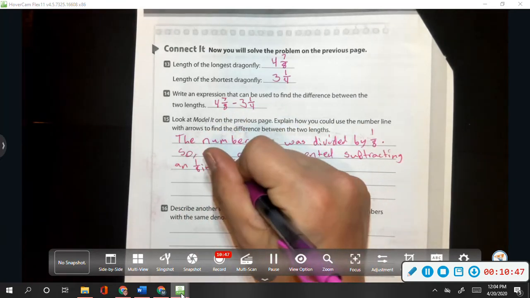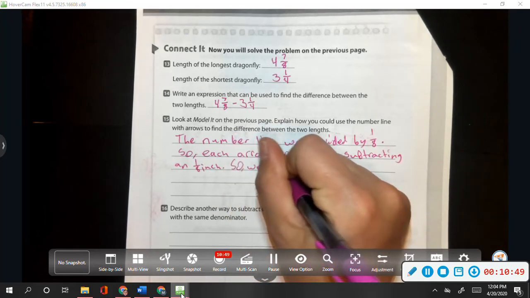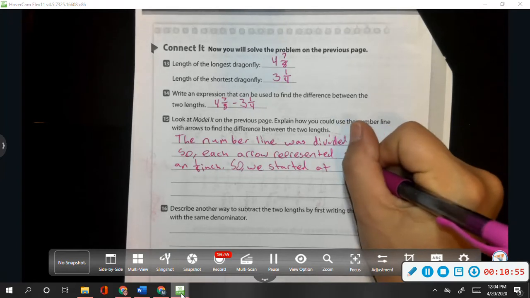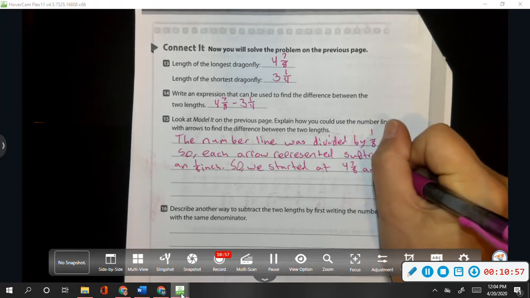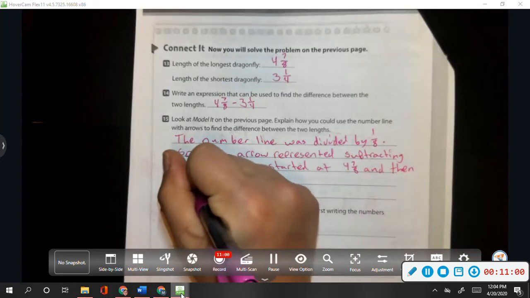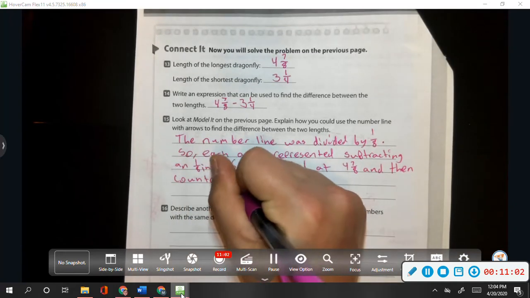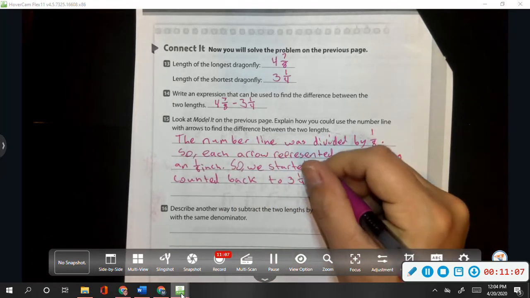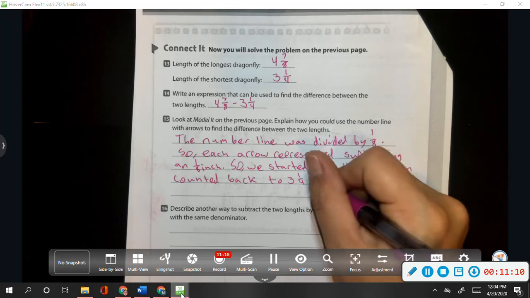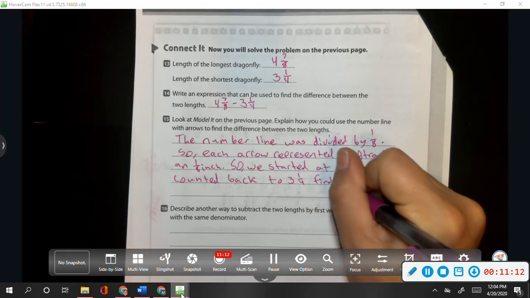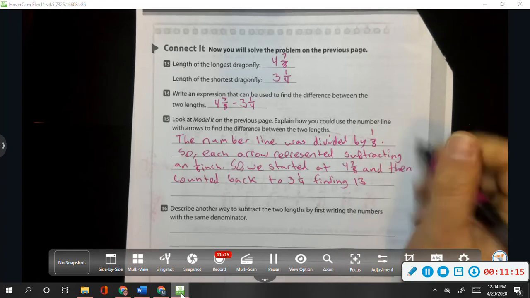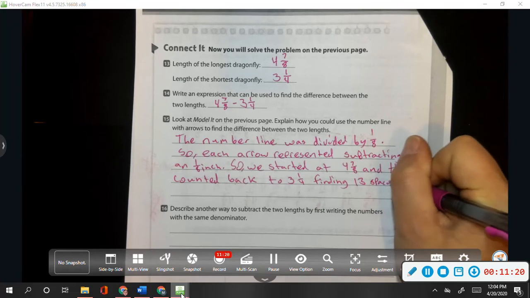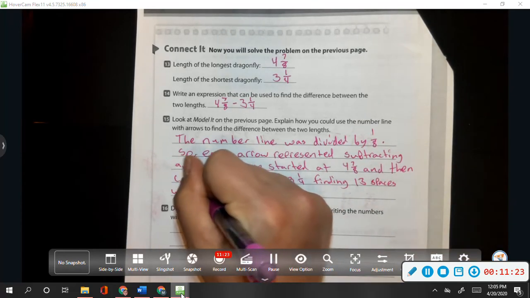So we started at 4 7/8 and then counted back to 3 1/4, finding 13 spaces was the difference.